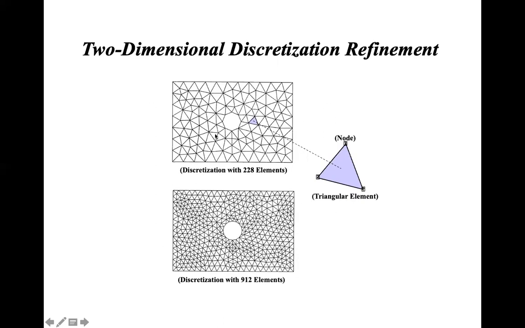Now just consider this example. We have a plate with a hole at the center, and we want to discretize it. In the first case, we have discretized it with triangular elements. If you see here at the center, we have this circle.